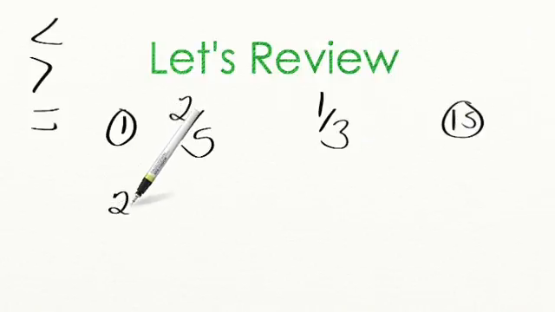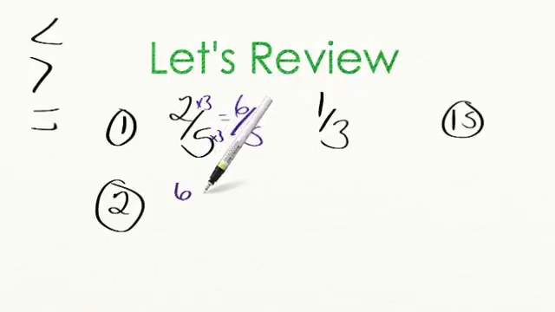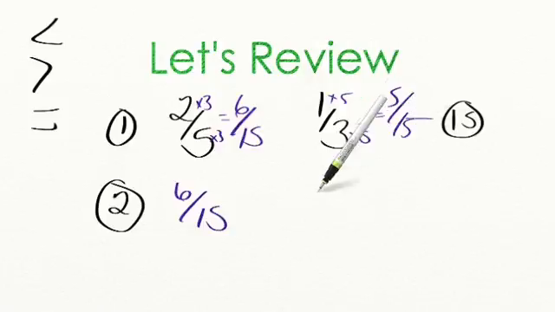Step 2, you need to find an equivalent fraction that shares that common denominator. So if we multiply 5 times 3 and 2 times 3, we will get an equivalent fraction of 6/15. If I multiply 3 times 5 and 1 times 5, then I get an equivalent fraction of 5/15.